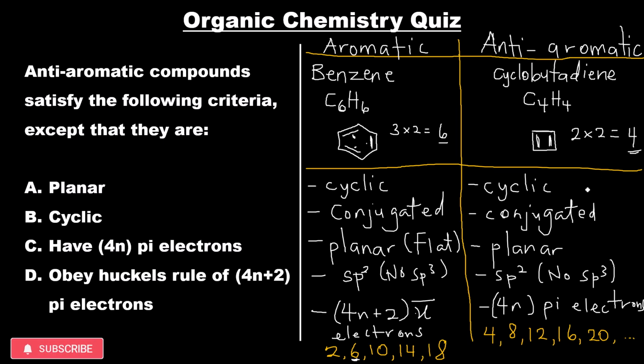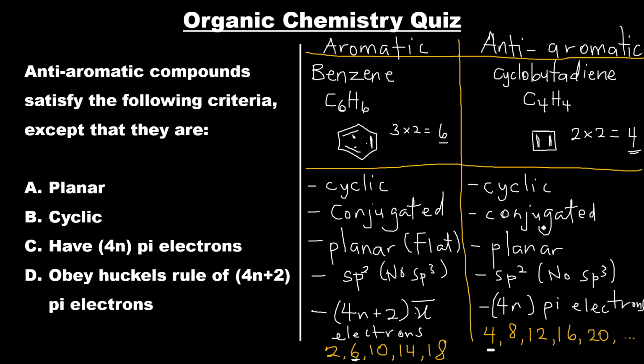If you pick the 4 and check it against the number of pi electrons needed in aromatic compounds, realize that 4 is not there. You have 2, 6, 10. There is no 4 here. But for the anti-aromatic, we have 4 here. That means cyclobutadiene is actually an anti-aromatic compound.